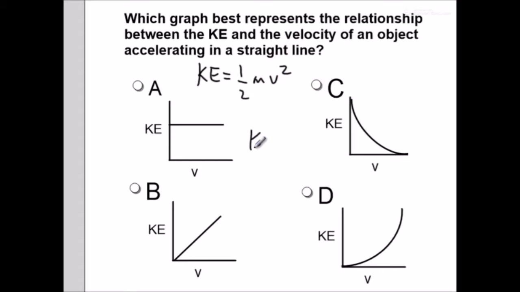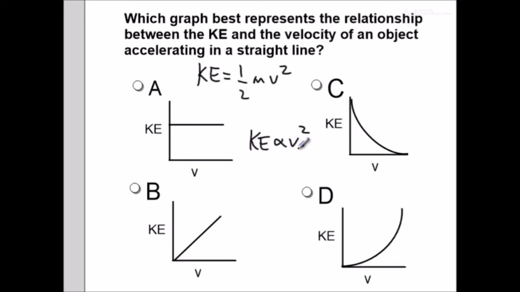So let's rewrite it: kinetic energy is directly proportional to v square. Now we will write a few possible values of the velocity, and a few respective values of kinetic energy.